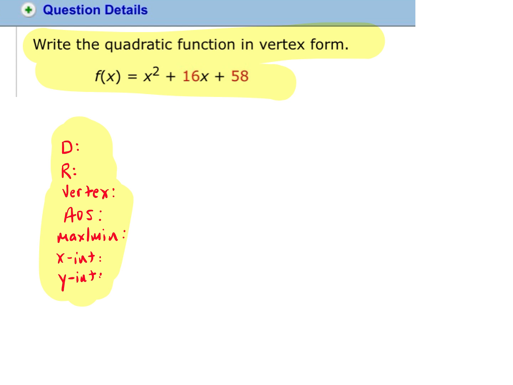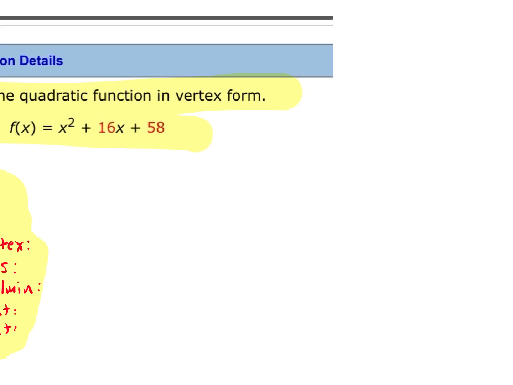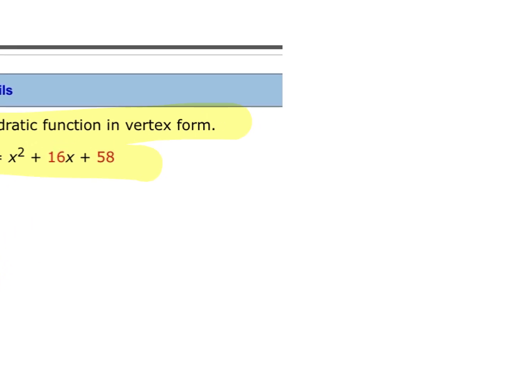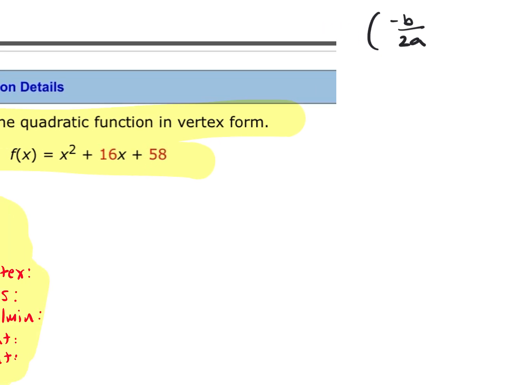So when it's given to us in standard form like this, we want to use our little vertex formula. Anybody remember what the formula is? Negative b over 2a, where the number in front of the x squared is our a, the number in front of the x is b, and then the constant is our c.